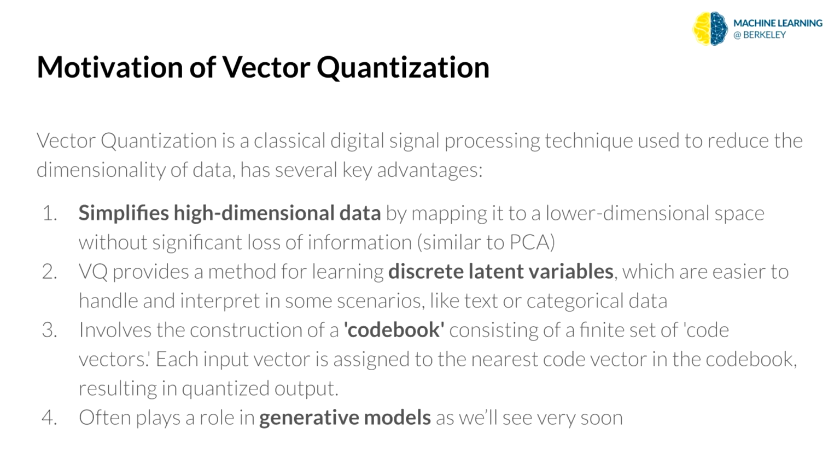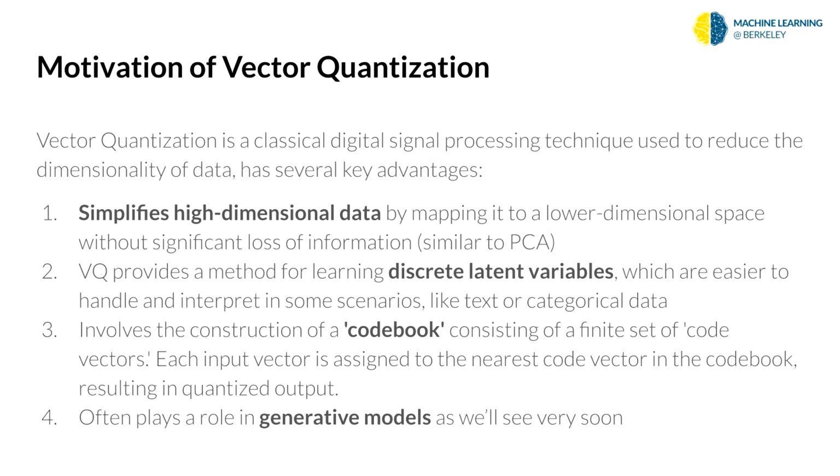Cool. So what is vector quantization? If you haven't heard of this term before, it's essentially a classical digital signal processing technique, and its primary goal is to reduce the dimensionality of data. If you've heard of PCA before, vector quantization achieves a similar goal, but goes about it a little bit differently. The key advantages of vector quantization can be broken down into four main parts.